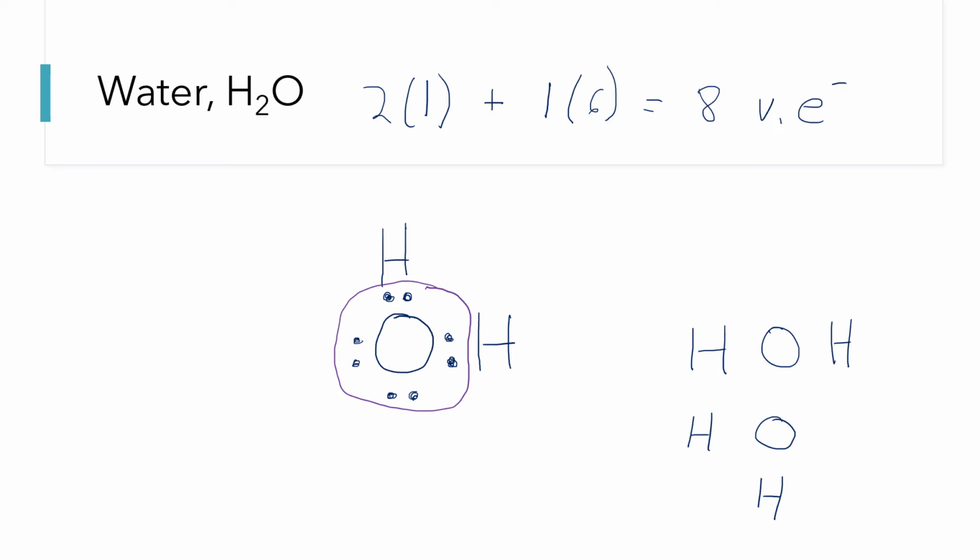And then on the hydrogens, hydrogen only wants a duet, and if you look at each hydrogen, it has 2 electrons immediately associated with it. Those bonding electrons get to count both for the octet for oxygen and for the duet for hydrogen.